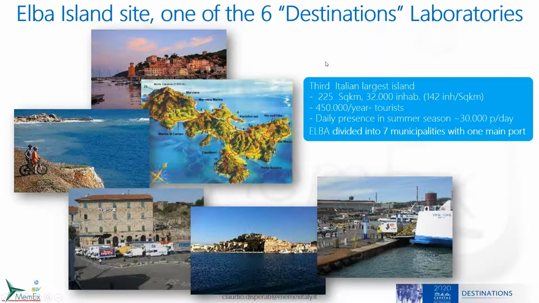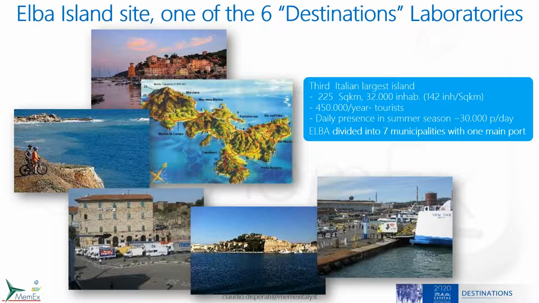This is the second part of the presentation about the demonstration held in Elba Island. CELSO has been demonstrated during the summer of 2018 and 2019 in Elba Island, which is the third largest Italian island and is one of the 6 destination laboratories.